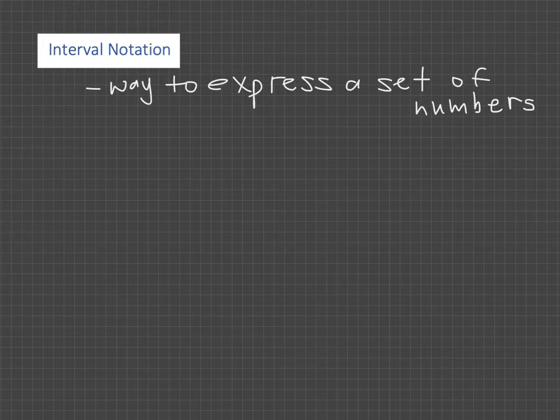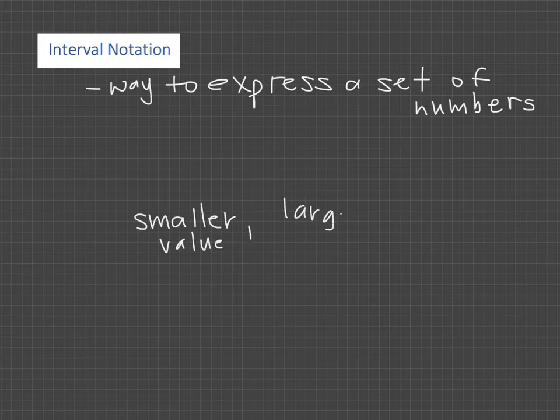For interval notation, we write the smaller value that x can be first, a comma, and then the larger value second. Around the values, we use parentheses if the value is not included.